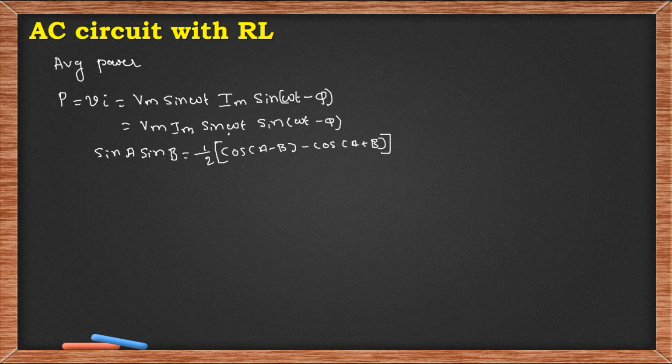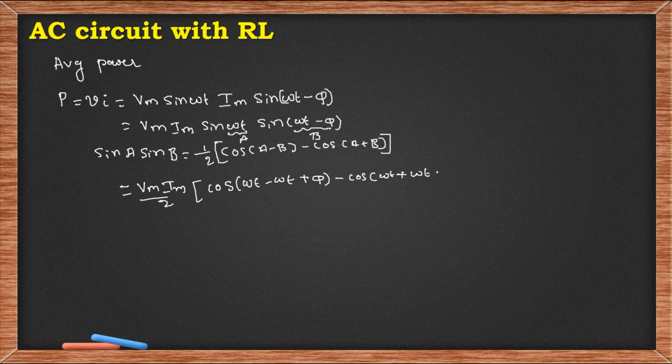So let us say this is A and this entire term is B. Therefore the above equation is Vm Im divided by 2, cos of A, that is omega t, minus the B term, that is omega t minus pi, minus cos of omega t plus omega t minus pi.